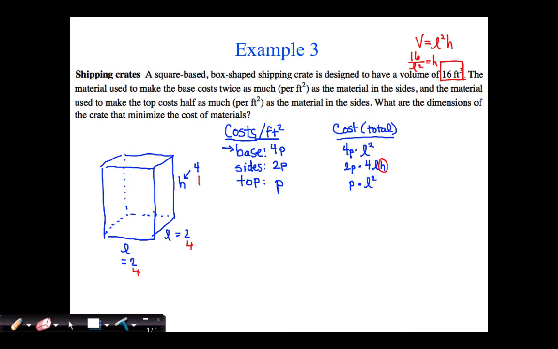Now, that makes this kind of an awkward expression. Let's see. 2p times 4L times 16 over L squared. That can be simplified a bit. First of all, numbers. 8 times 16 sounds like 128?